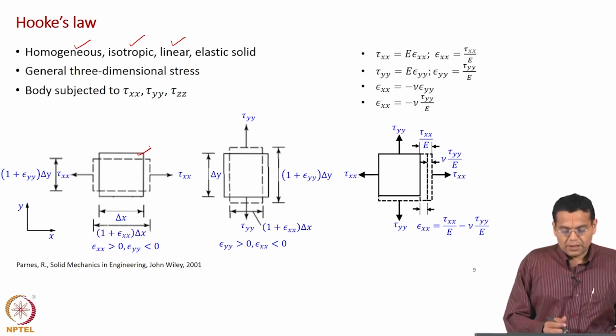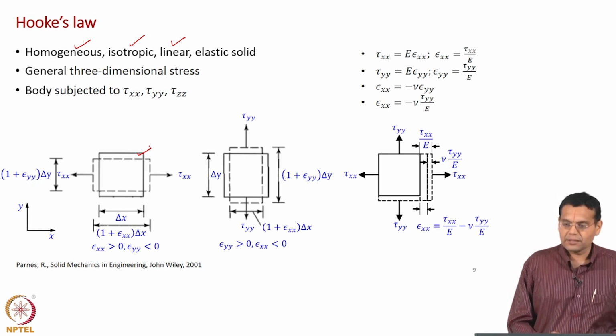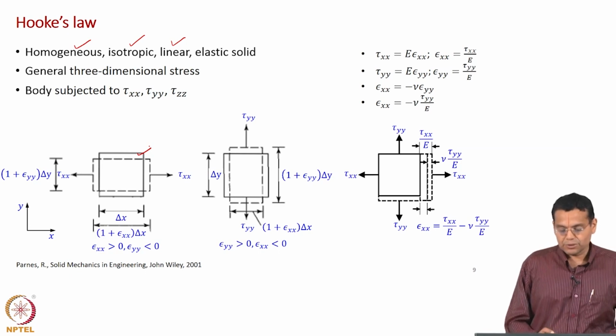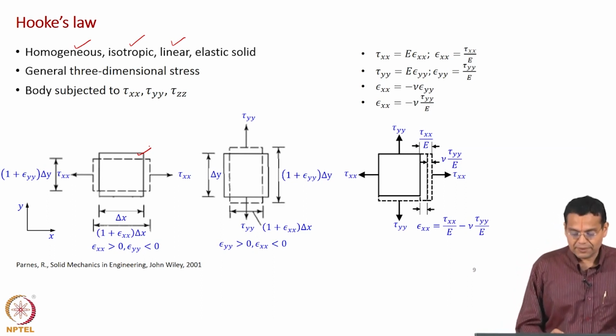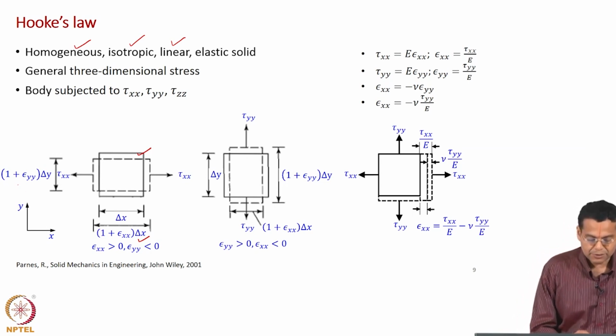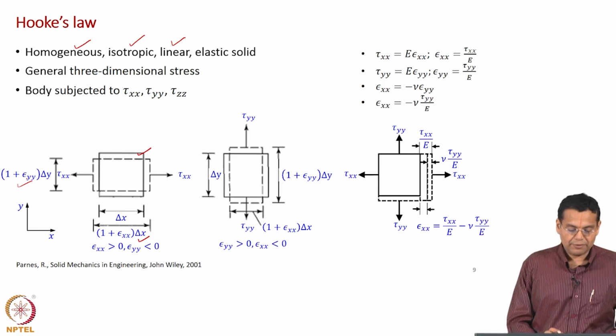And the first figure shows it is subjected to normal stress along x direction, tau xx, and it is shown to be tensile here. Now, the changed length of the sides are also shown, 1 plus epsilon xx into delta x, and the length along the y direction has changed to 1 plus epsilon yy into delta y.